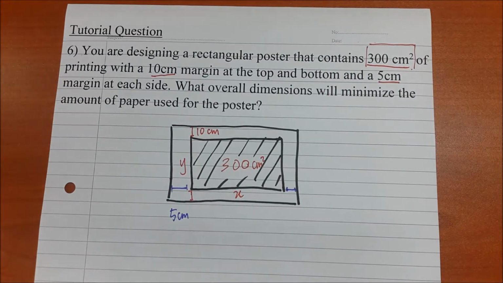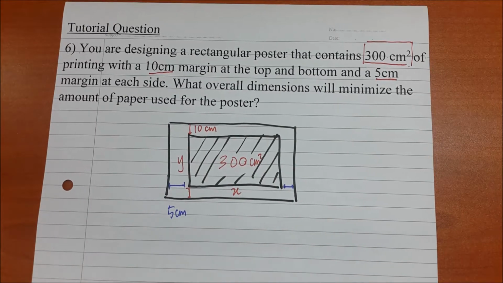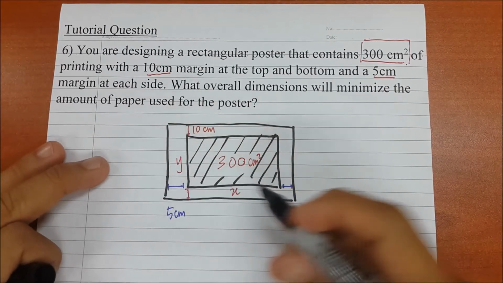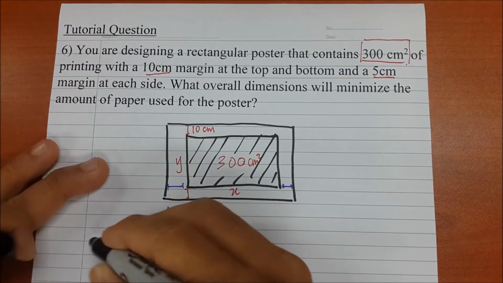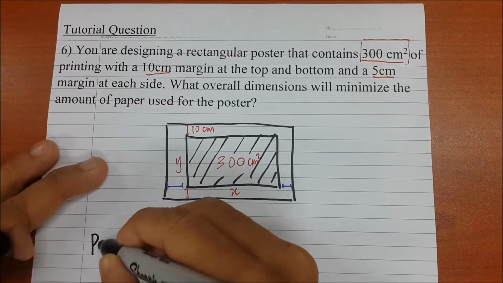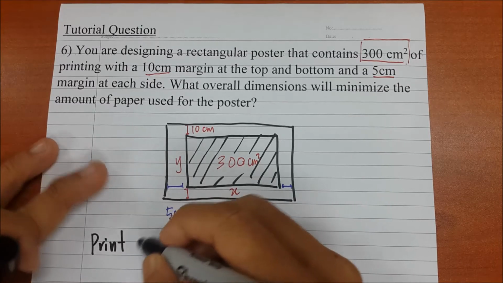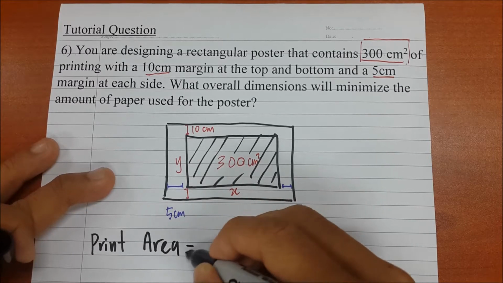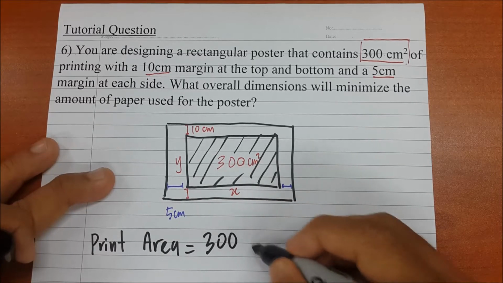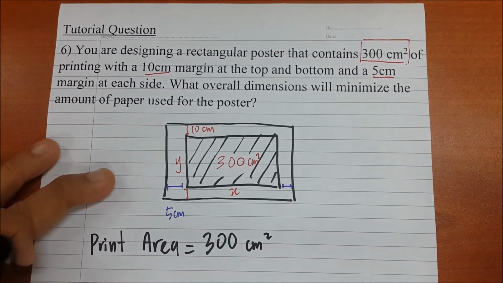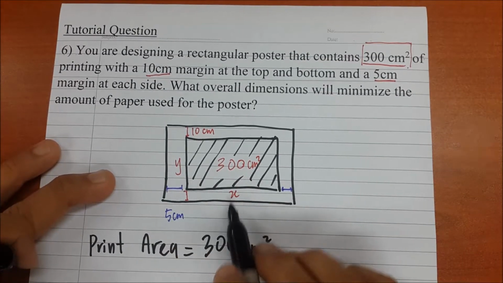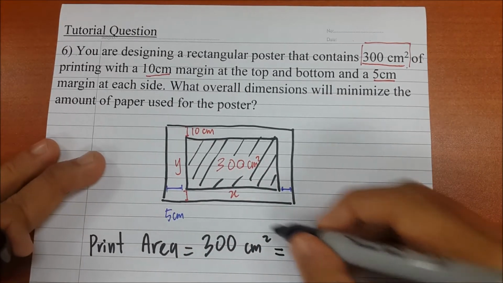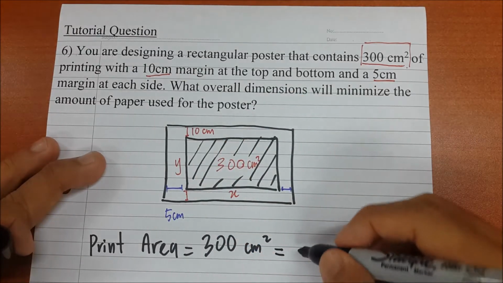Alright, so how do we find the area of the paper? We know that the area of the printing is 300 centimeters squared. So the printed area equals 300 centimeters squared, and we find the printed area by multiplying length and width.